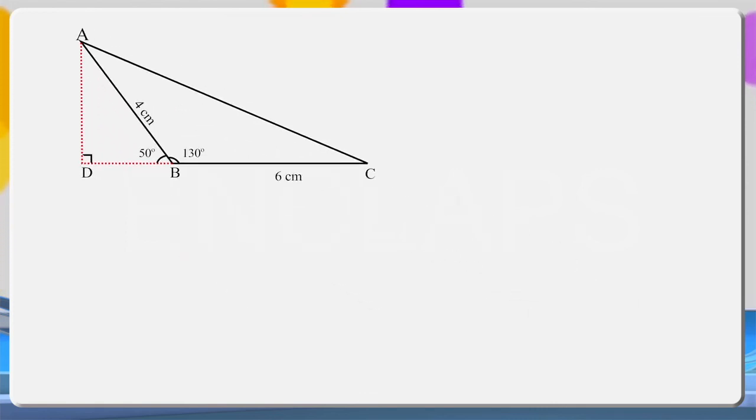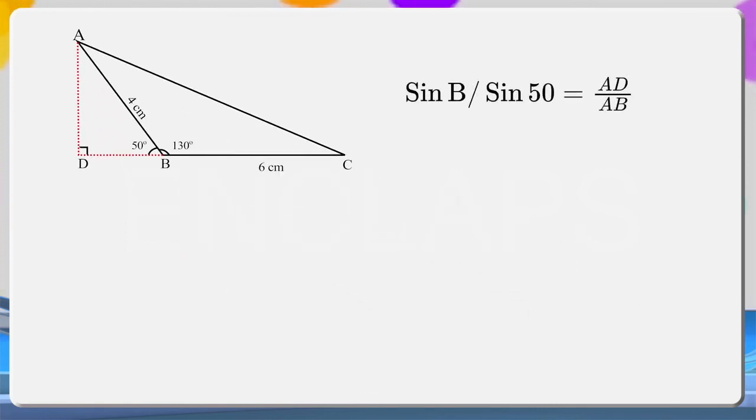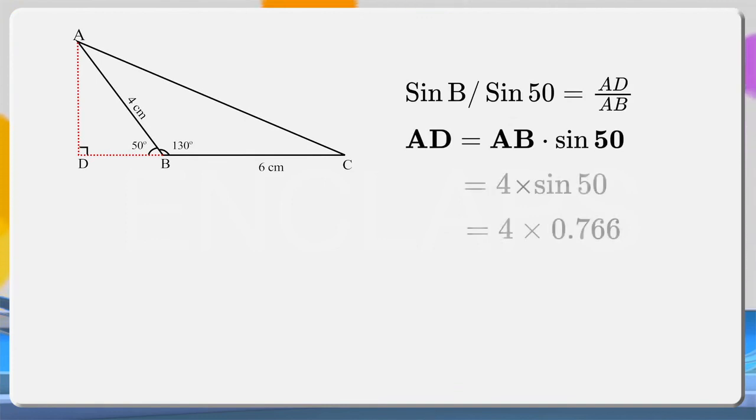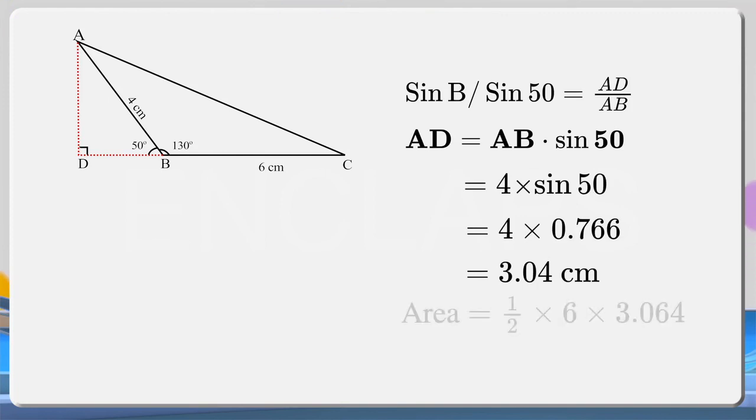So we get sin 50 equals AD by AB. We have to find AD. AD equals AB sin 50. That equals 4 into 0.766. That equals 3.064. Therefore, the area equals half into 6 into 3.064. Thus, we get the area same as before, that is 9.19 centimeter square.